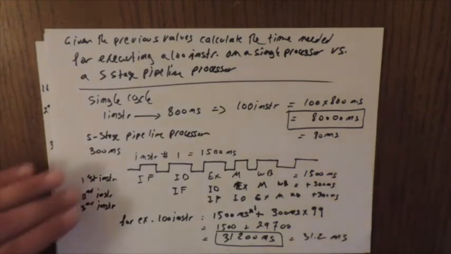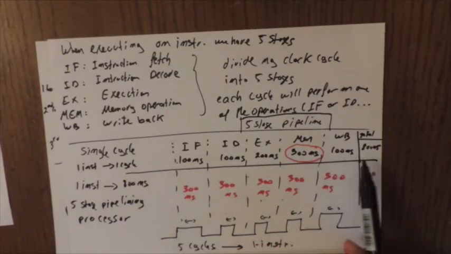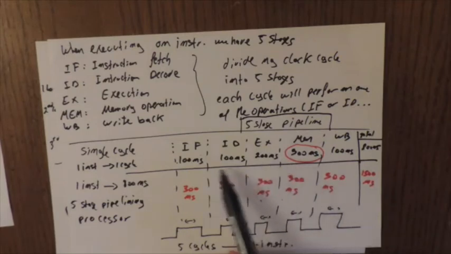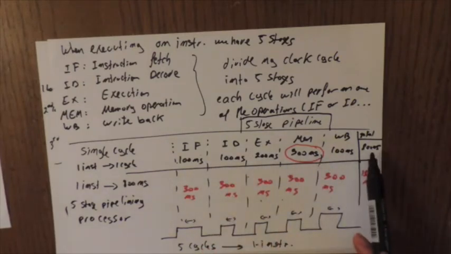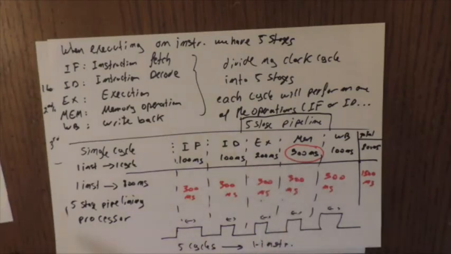However, since here we didn't use uniform values for all of the stages, this is why we see this discrepancy.